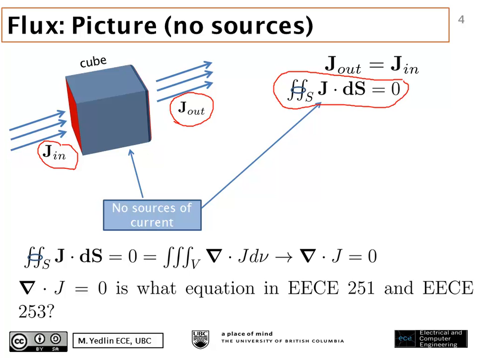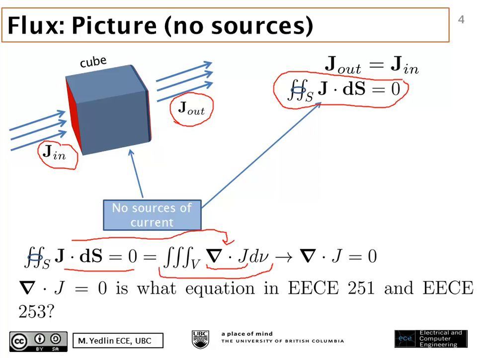Now, if we look at this expression, the closed surface integral of J dot ds equals 0, and use the divergence theorem that we learned in Math 264, this surface integral becomes this volume integral, and it's equal to 0. Therefore, the integrand is equal to 0, and the divergence of J is equal to 0.